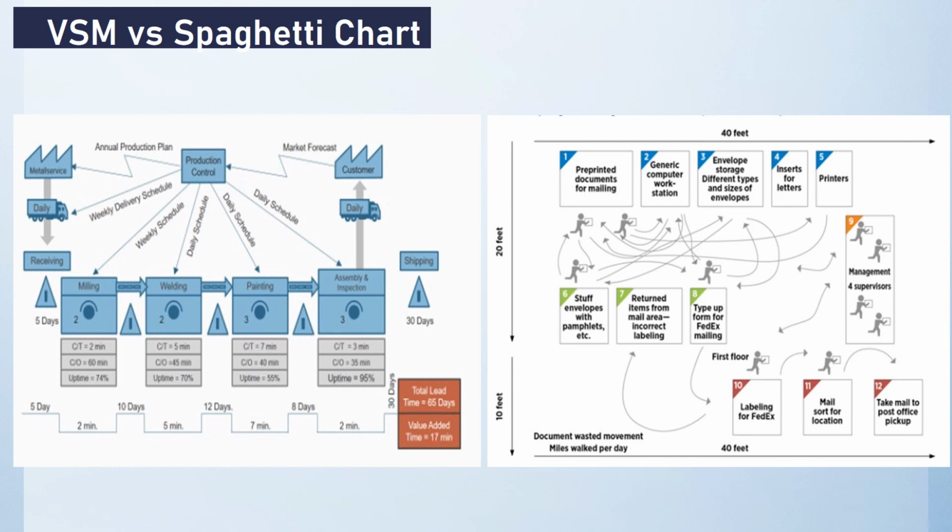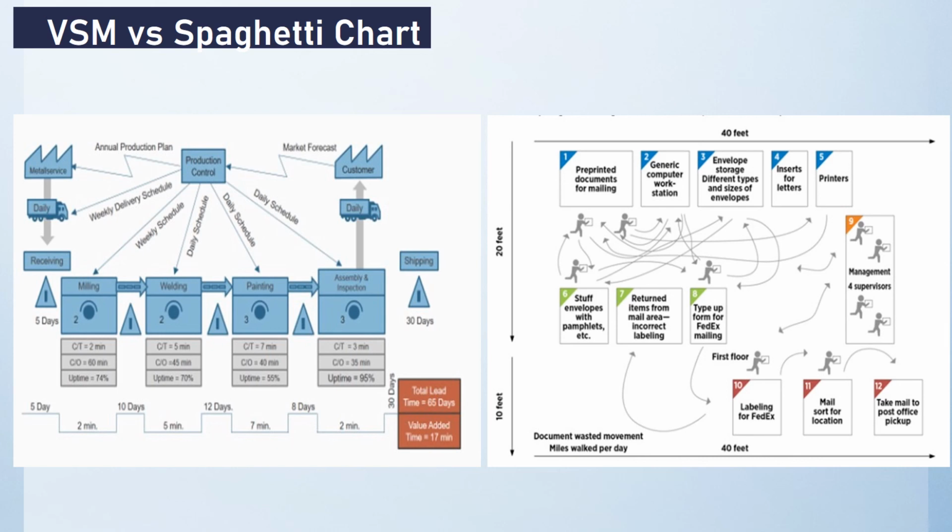The only difference between these two charts is that value stream mapping has complete details, even cycle times, changeover times, and all information, lead times of each and every process, and all time durations are mentioned in the value stream mapping, so that further calculations, further analysis, or reduction action planning can be done with it.